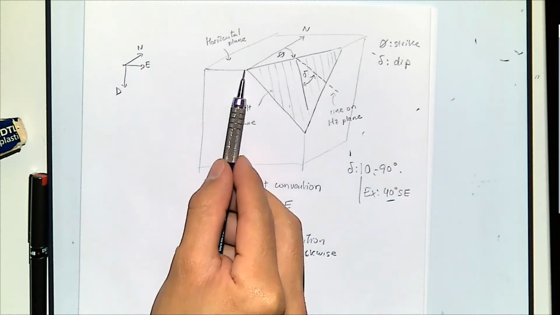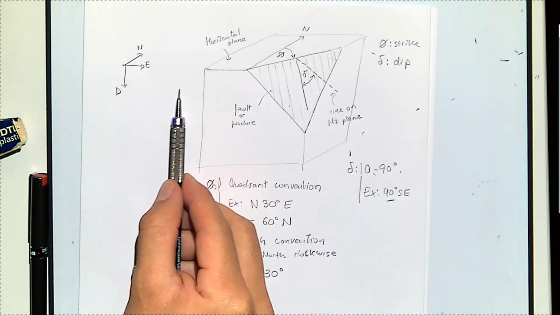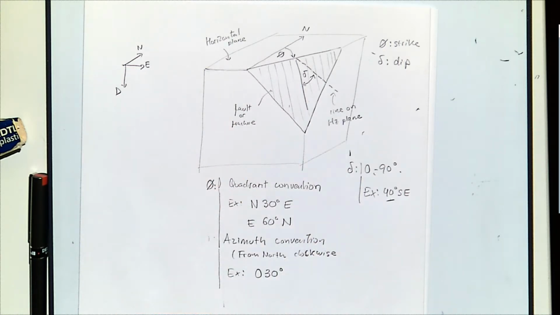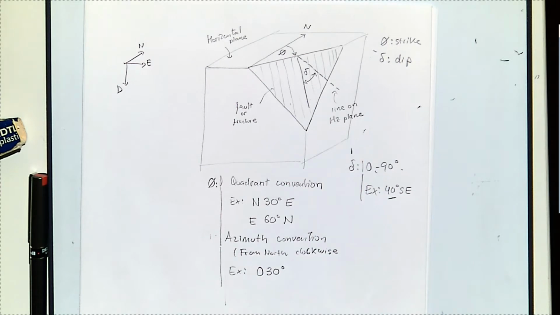You could also measure, if we continue over here, 180 plus 30. We're going to see later on that there is a convention for that too. But for this particular case, that's going to be the angle, 30 degrees.